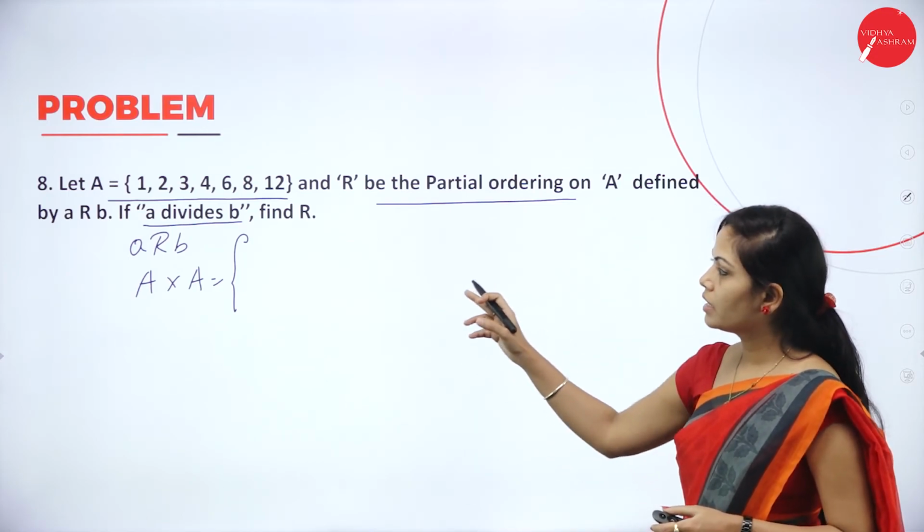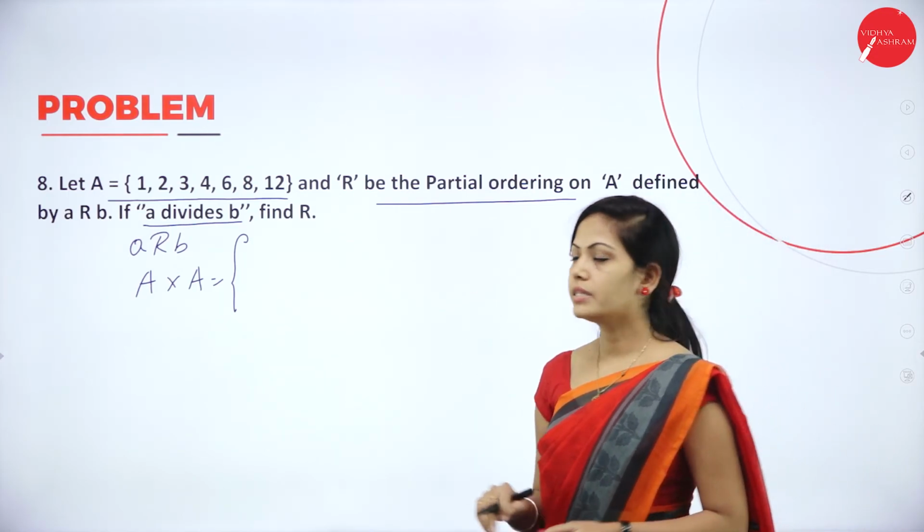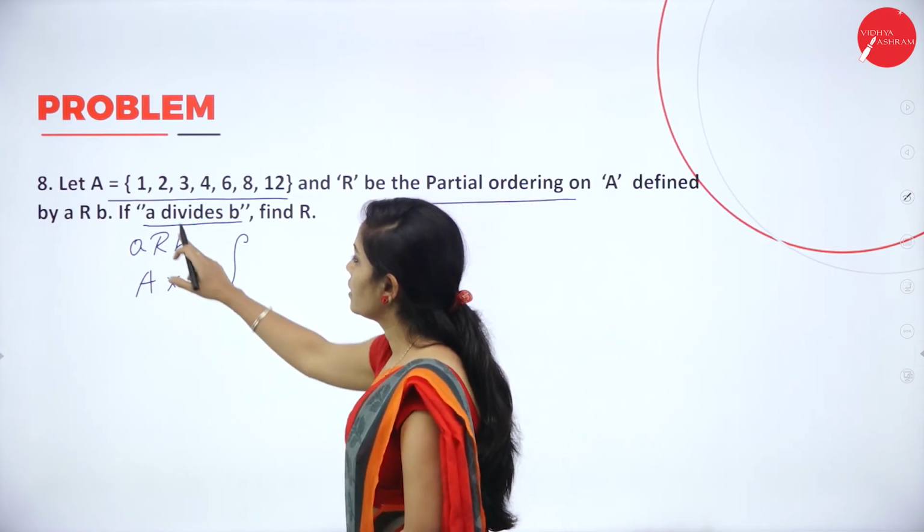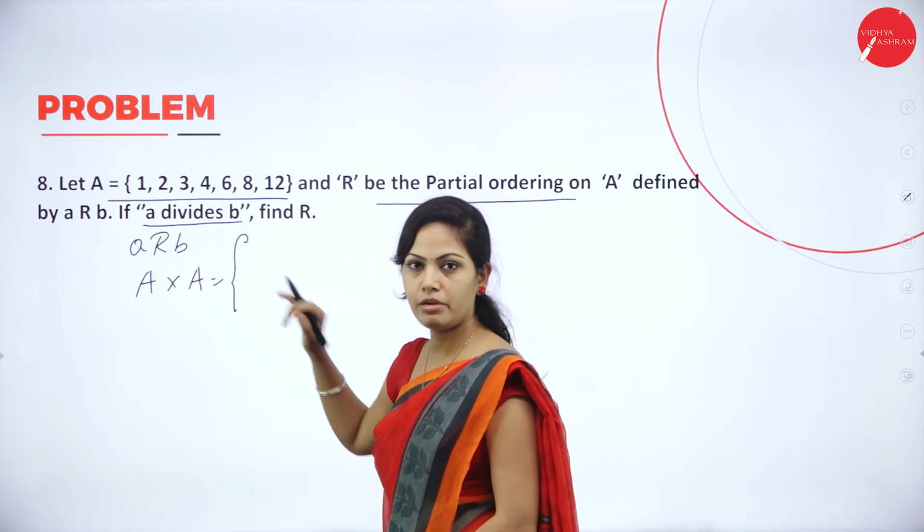So, first find the A cross A ordered pairs. Then you can find the relation where the a value divides the b value.